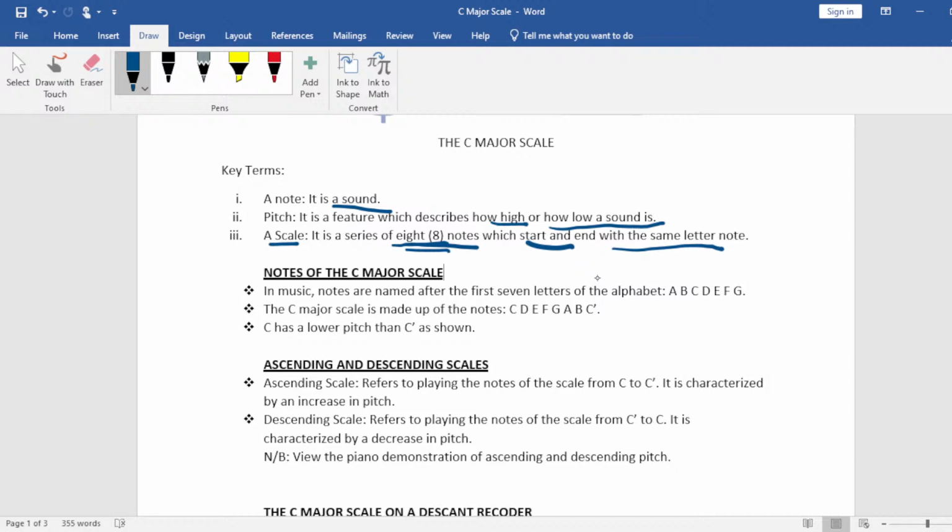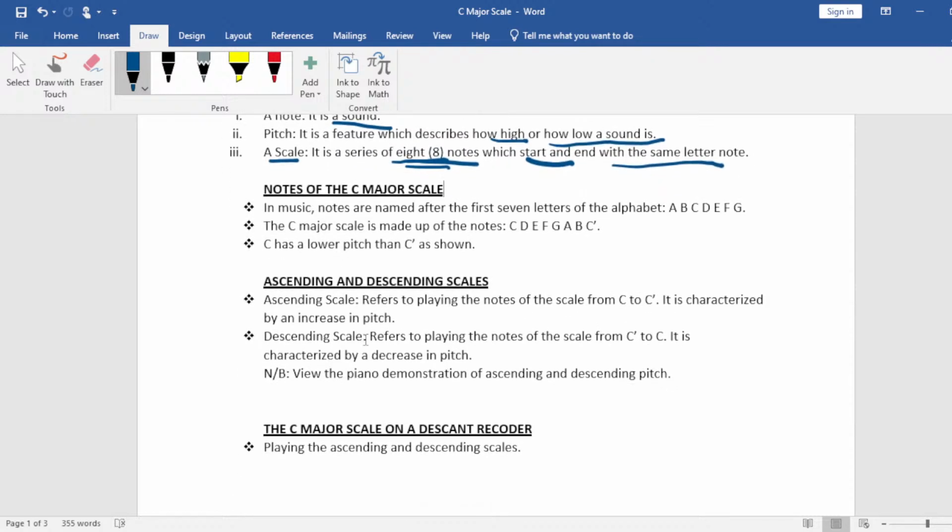Now let's focus on the main idea of the C major scale. The C major scale will have 8 notes, but you have to know that the names of the notes are derived from the alphabet. So we use the first 7 letters of the alphabet, which are A, B, C, D, E, F, and G. Each letter represents a note, and the note has a different pitch from the other letters.